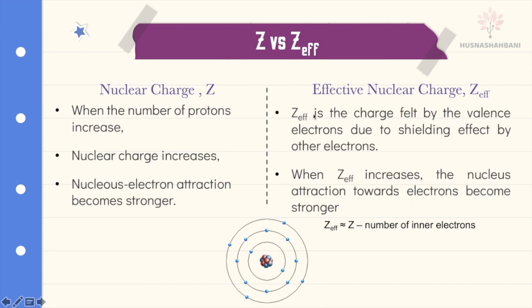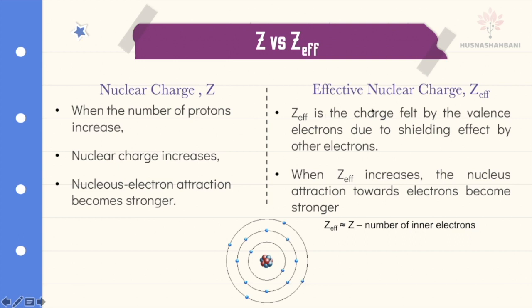Z effective is the charge felt by the valence electron due to the shielding effect by other electrons. These are the protons in the nucleus, and then we have electrons at the inner shell, n equal to 1, and electrons at n equal to 2, and electrons at n equal to 3. Electrons at n equal to 1 and 2 are the inner shell electrons. Electrons at n equal to 3 are the valence electrons.